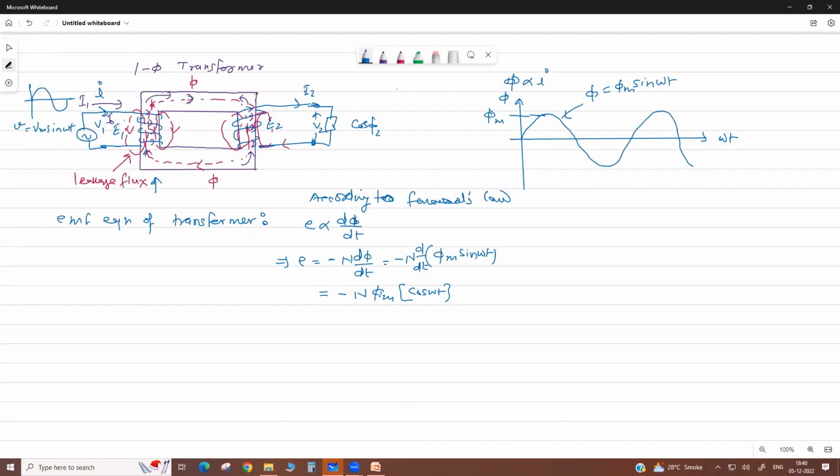But with respect to t, omega is also multiplied here. Omega t gives omega, so omega is multiplied here. It is minus cos.